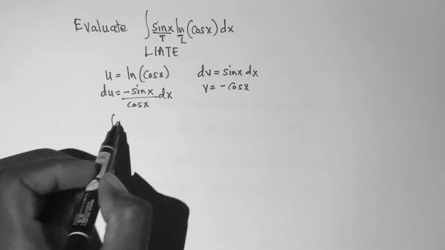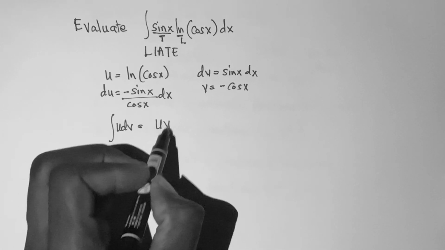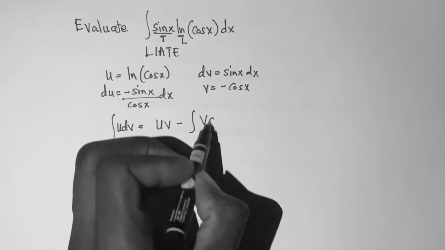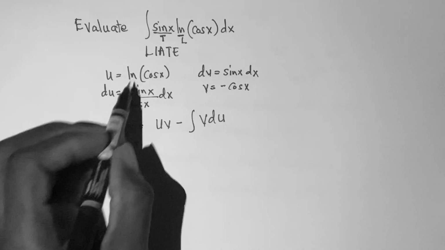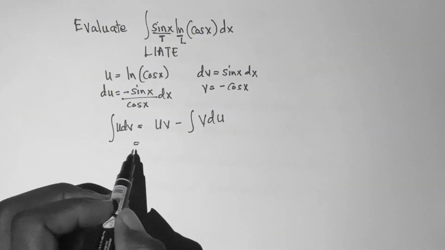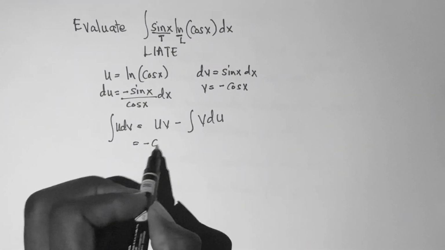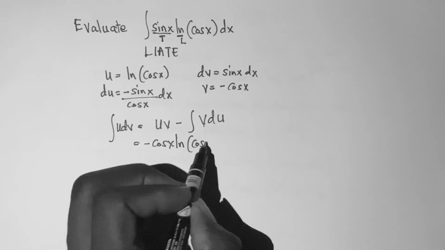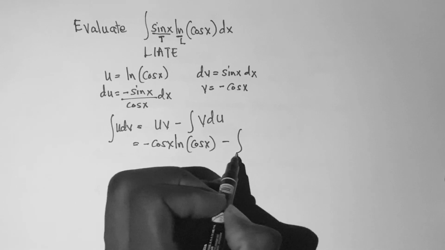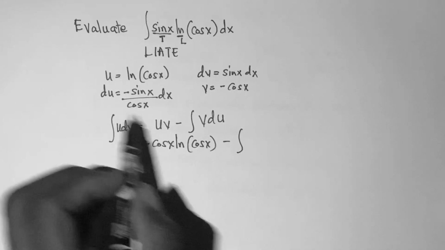We said that the integral of u dv is equal to uv minus the integral of v du. So this is equal to, our u in this case is natural log of cos x, and v is minus cos x. So minus cos x times natural log of cos x, then minus the integral of v, which is minus cos x, then du.